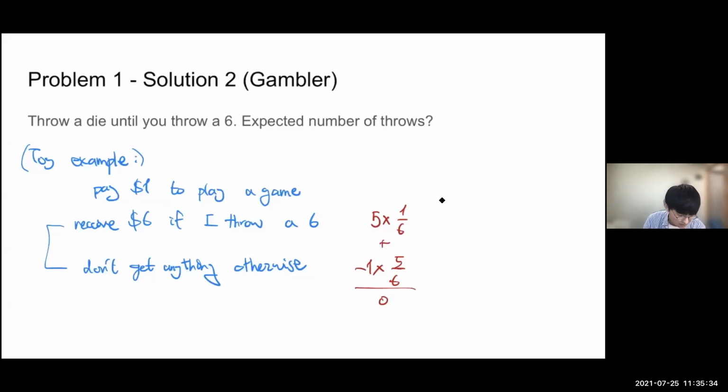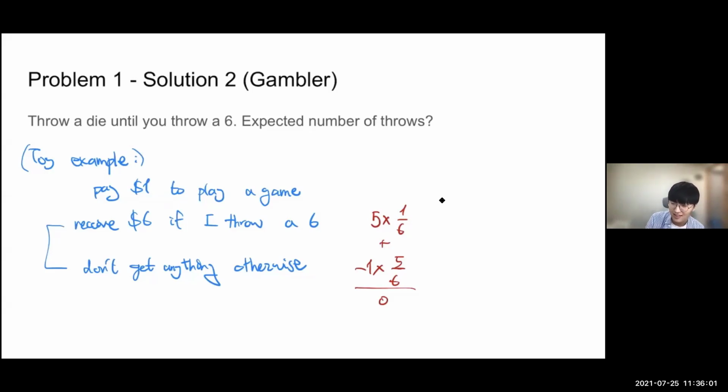So the expected outcome of this game for me is 0. Now I will claim that no matter how many times I play this game, and regardless of when I would like to stop, given that I can't see the future, the expected net profit will be 0.